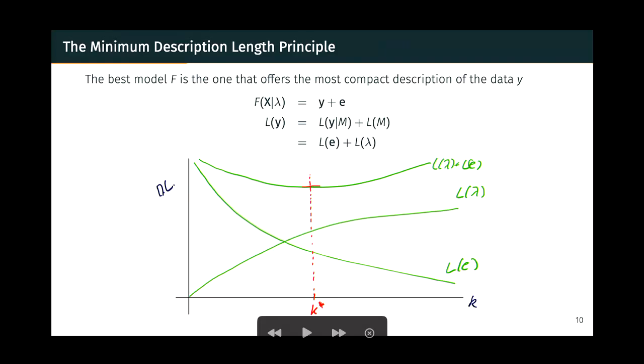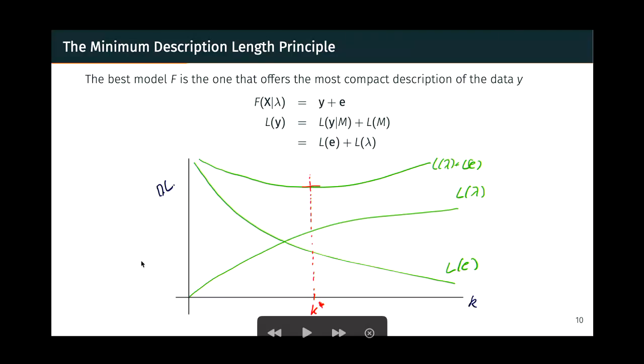Right, so I'm going to assume that before I try to give Jesse my model, we've decided what the model class is, so that I don't have to describe to him what a radial basis function is amongst all possible classes of models. I'm just saying radial basis function, here are the parameters.